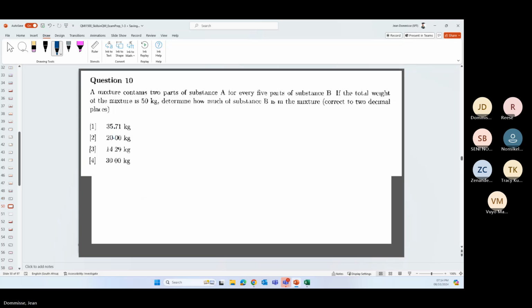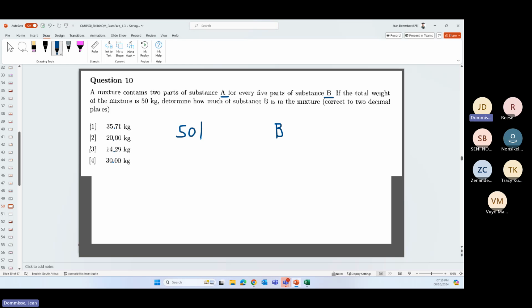Okay, let's do two more questions for tonight. So this, I think, again is a ratio. A mixture contains two parts of a substance A for every 5 parts of B. If the total weight of a mixture is 50, determine how much of substance B is in the mixture.